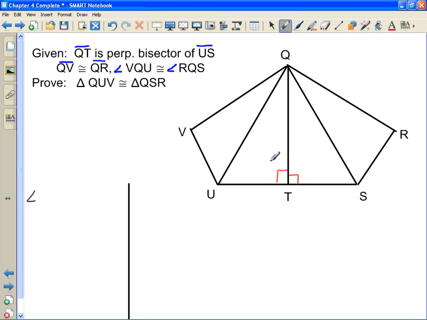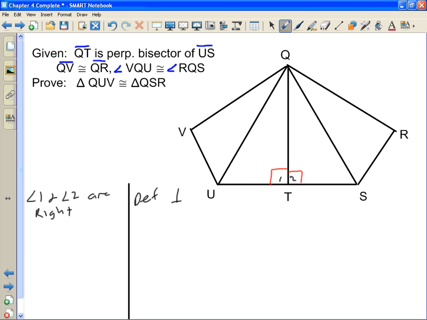Oh, and if you guys want to do this, I'll kind of remind you. If you don't like writing three letters for your angles, name these angles 1 and 2, if you like that better. So I can say angle 1 and angle 2 are right.